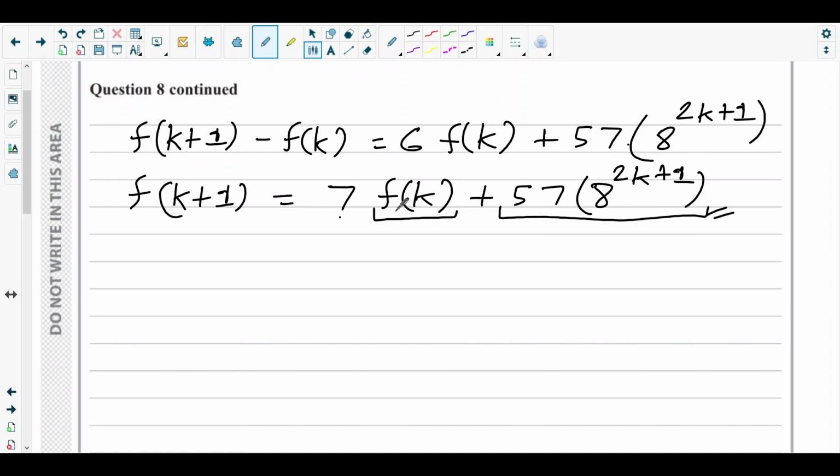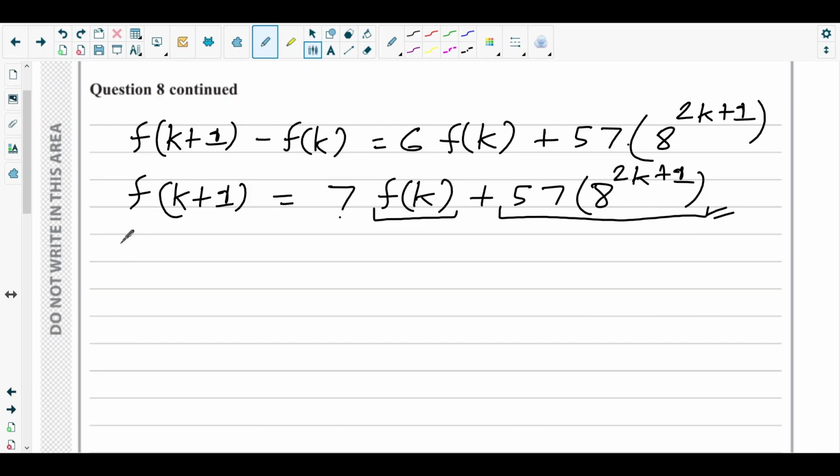So basically, in the inductive step, the main focus you should have is that you have to represent the difference of f of k plus 1 and f of k in terms of f of k. And that's exactly what we did here. And we could show that if f of k is a multiple of 57, if f of k is divisible by 57, then definitely f of k plus 1 will also be divisible by 57.